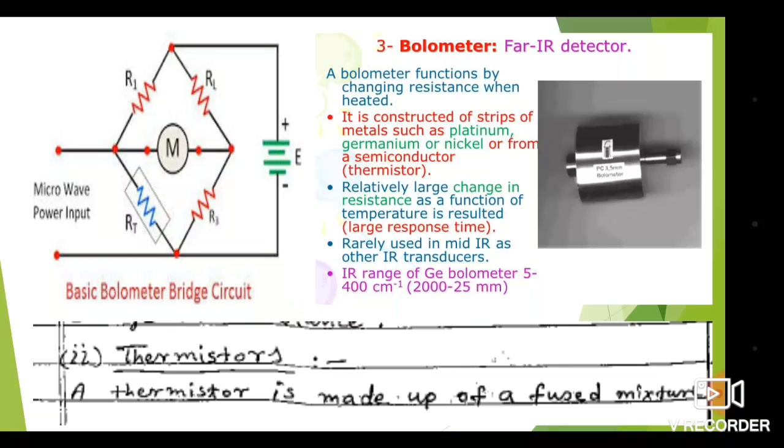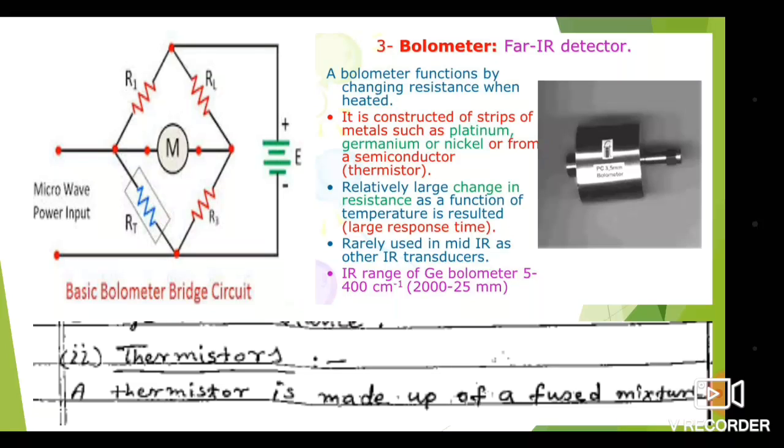It is constructed of strips of metal such as platinum, germanium or nickel, or from a semiconductor, that is, a thermistor. A relatively large change in resistance as a function of temperature results.